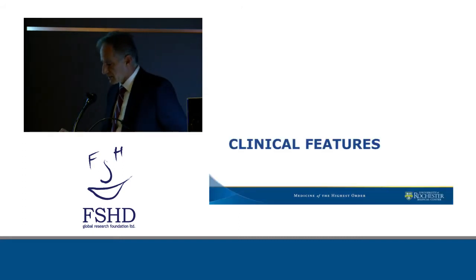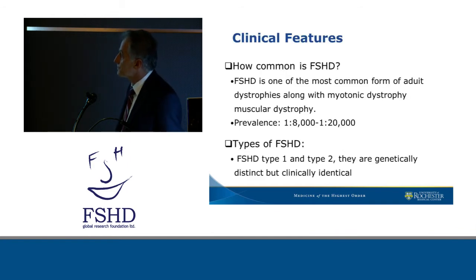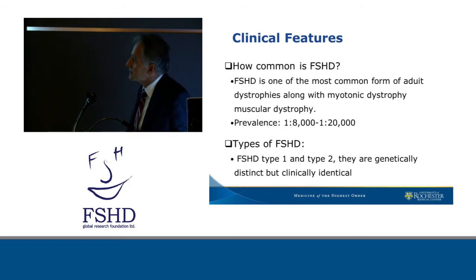So I'll start talking a little bit about some of the clinical features, and we'll start from the beginning and go through this very quickly. FSH is one of the most common forms of adult muscular dystrophies, and along with myotonic muscular dystrophy, it's probably the second most common form of adult dystrophies.